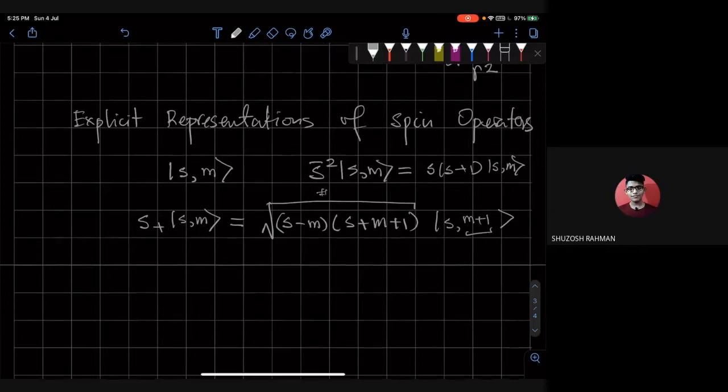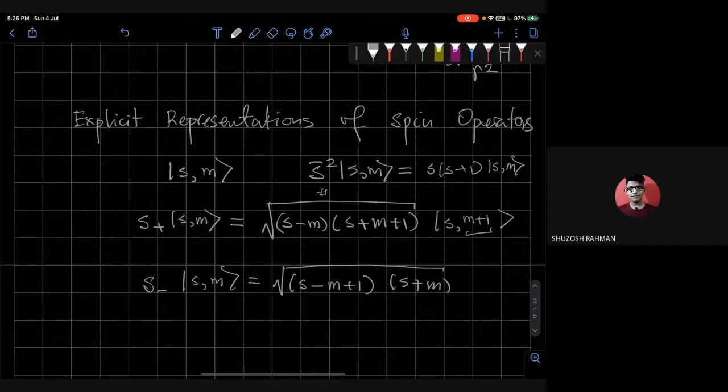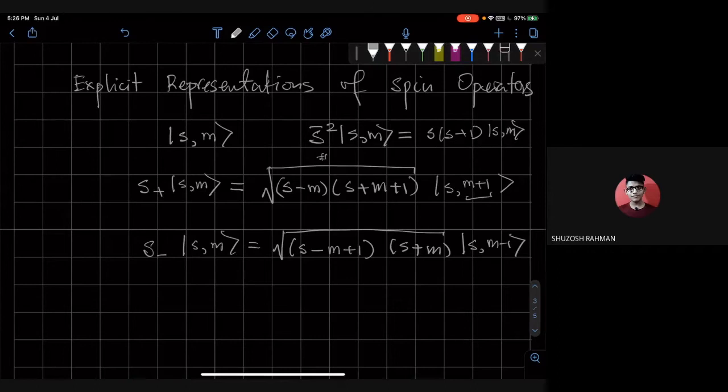Excellent. And then S minus acting on |S, M> gives the square root of (S minus M plus 1) times (S plus M), and here you get |S, M minus 1>, right? So these are the relations that we will use.